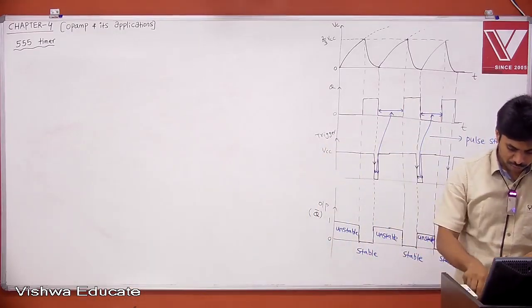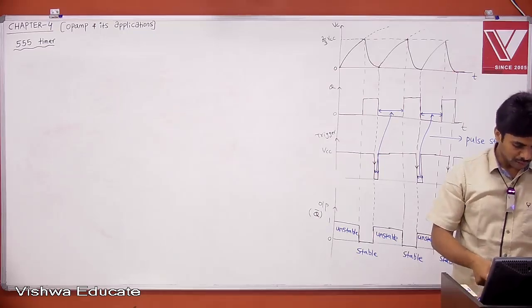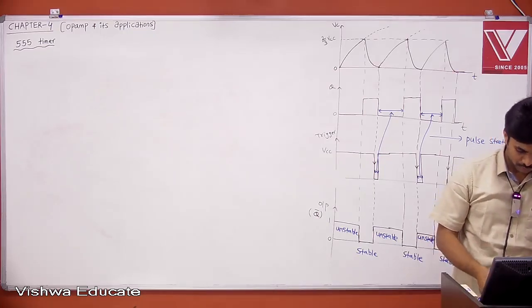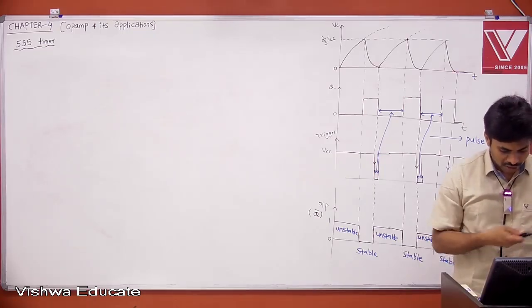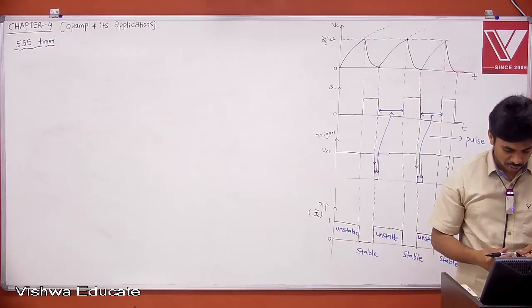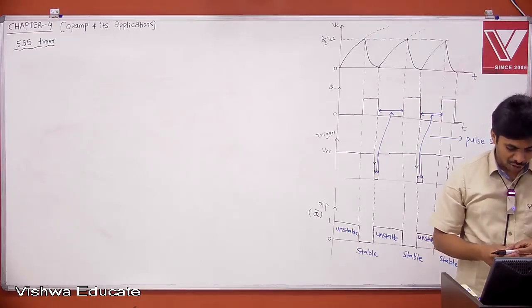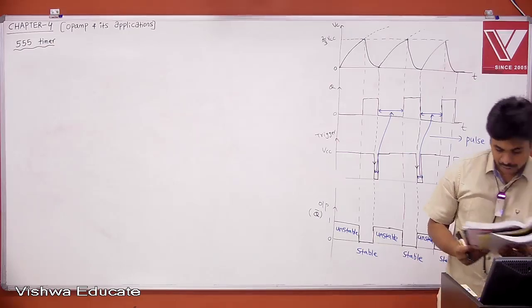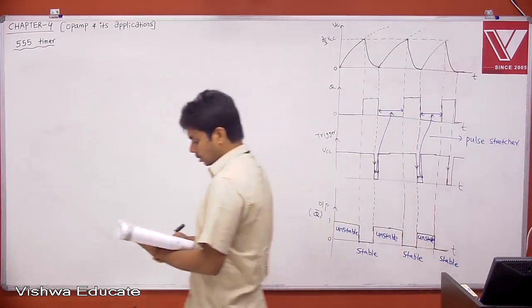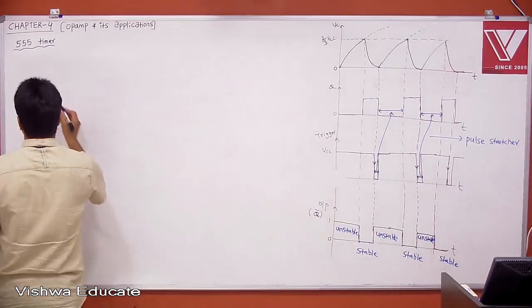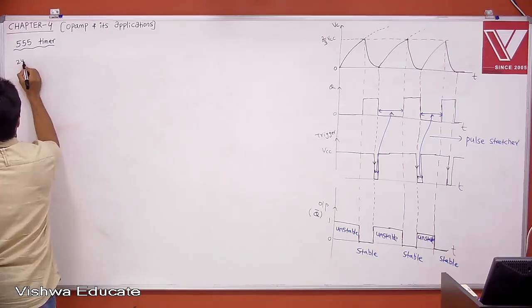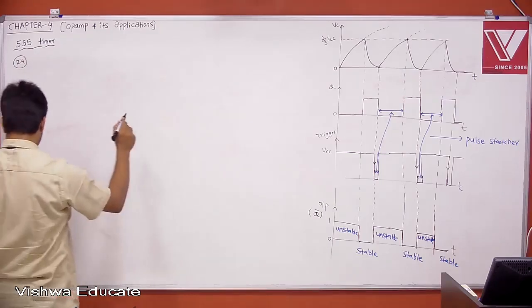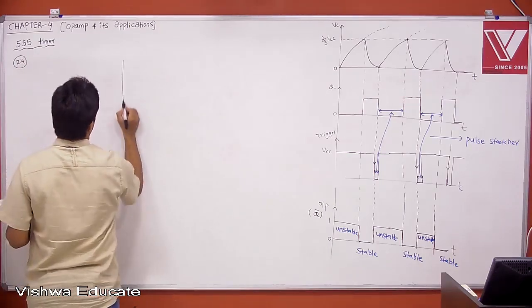Problem number 24, classroom workbook problem. In the astable multivibrator circuit shown, the frequency of oscillation at the output pin 3 is... See, the complete circuit is not given, but you are supposed to know, and I have given already what is the internal circuit, okay? The pin diagram is given.